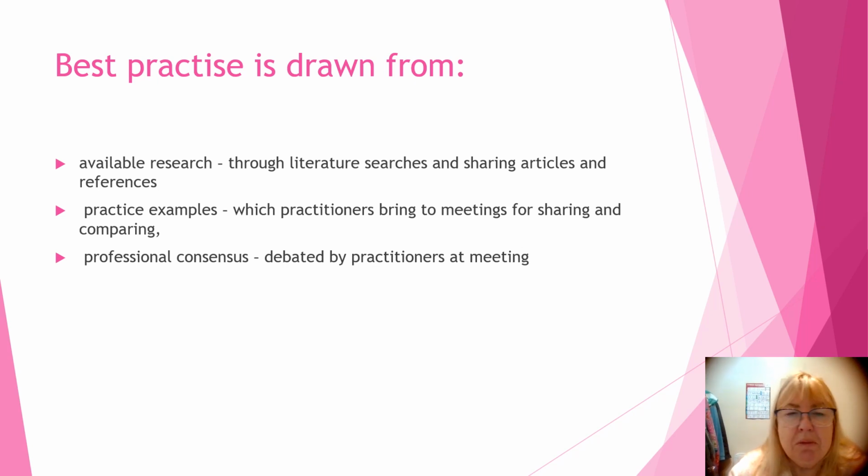Community care for people who are care workers is a great one, and good practice, their job is to find good practice examples and write interesting articles about them. People can bring those to meetings and share and compare. And professional consensus, which you do when you hold your practitioners meeting. So again, the idea is to publish things, and it will come in annual reports.